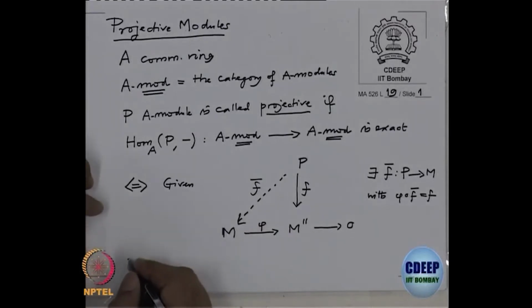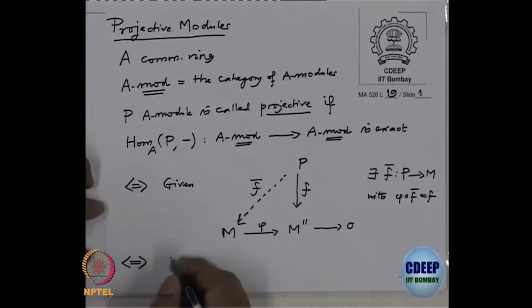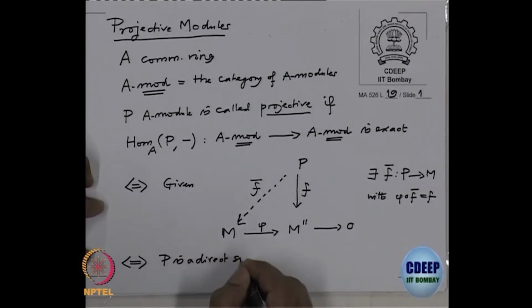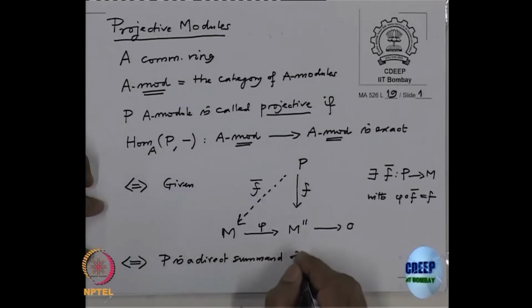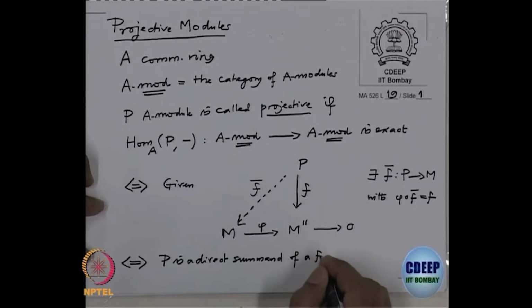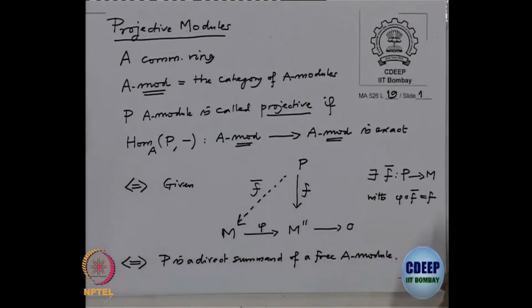This is also equivalent to saying that P is a direct summand of a free module, and free module is the module which has a basis.